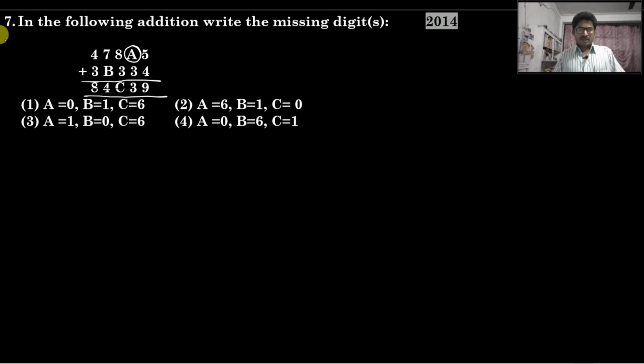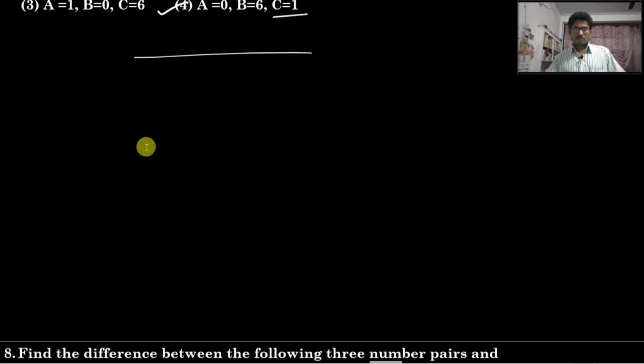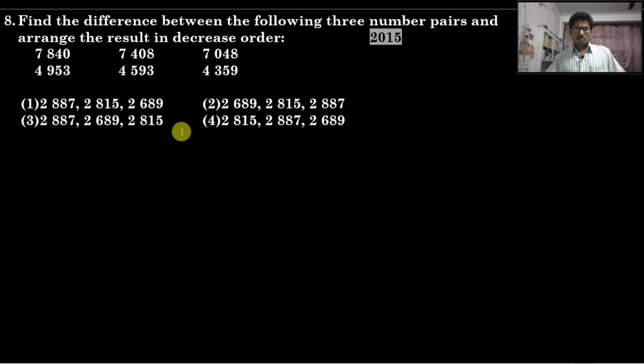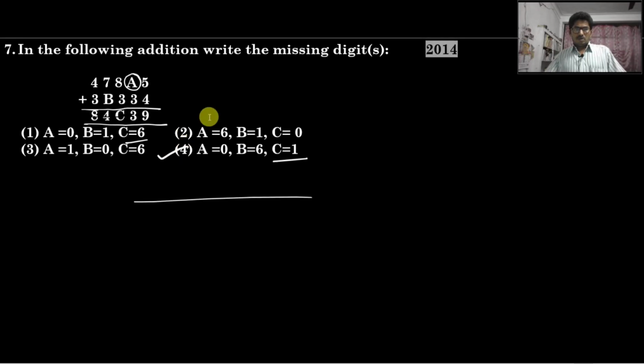8 plus 3, 11. So in place of C, we got 1. So in the first option, C is equal to 6. In the fourth option, 1. So that's why option 4 is correct. B, automatically B is equal to 6.